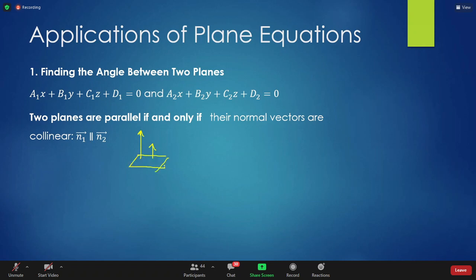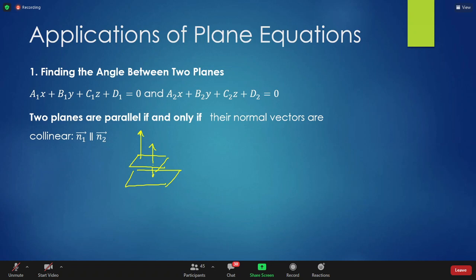It's quite enough that we have these vectors collinear. So one vector might be longer than the other or going in the opposite direction. What matters is this parallelity. The planes will be parallel if the two vectors are collinear.